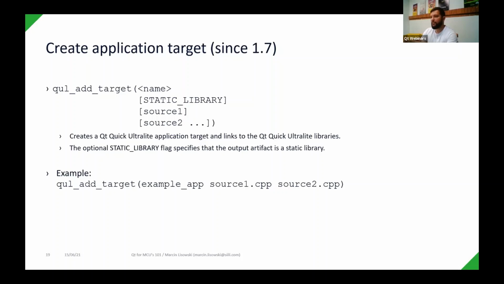As we know, not in all cases you can simply write the application and run the Qt for MCUs one. So if you are going to use it as a module in your whole product, it's still possible by using the static library argument. And the short example below: you are defining the target example app with two sources that are not QML sources, but just the C++ source code or C.